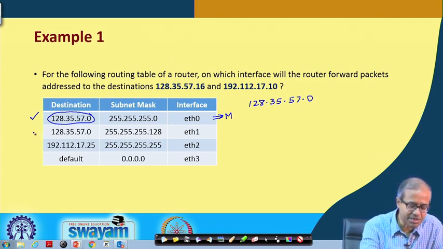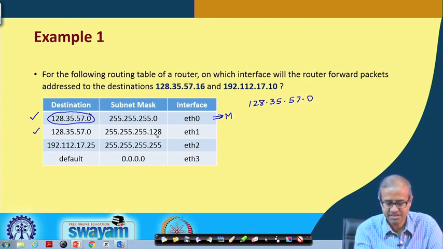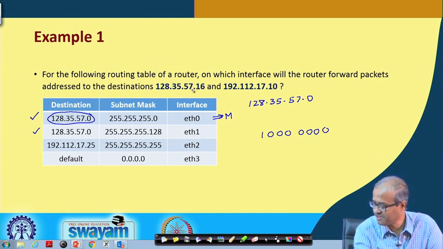First row there is a match, all right. Now, you similarly go to the second row, do a similar check. Now, you look at the subnet mask, first 3 are all 255, all right, last one is 128. This 128 means a single 1 in binary followed by 7 zeros. Now, this will be ANDed with the last byte or octet, this is 16.